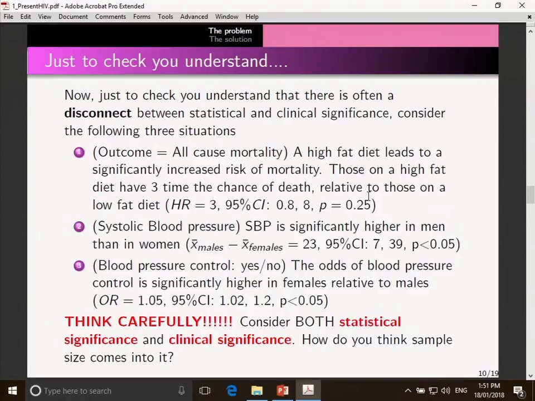Case number 2: systolic blood pressure as a continuous variable is significantly higher in men than in women. The mean difference was 23, and we have a confidence interval of 7 to 39, and p was less than 0.05. Is it clinically important? Yes. Now, you need to know something about systolic blood pressure, don't you?